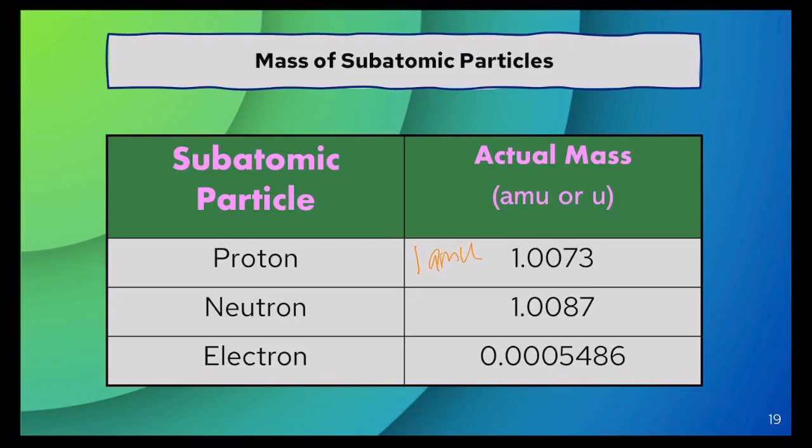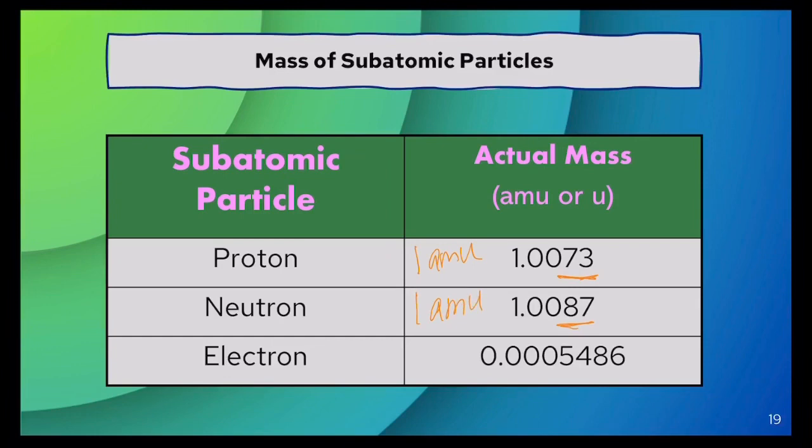But in reality, it's just a little bit more than 1 AMU. So you can see that the neutron is slightly heavier than the proton, but just for our purposes, that slight difference is negligible. So for our purposes, we can go ahead and just say that each of these subatomic particles, the proton and neutron, are both equivalent.